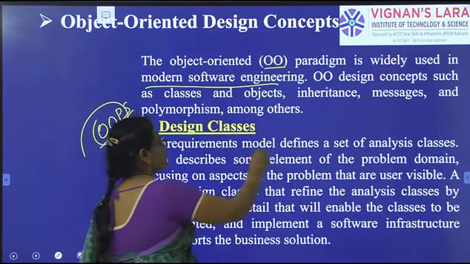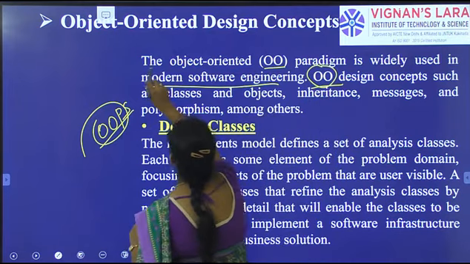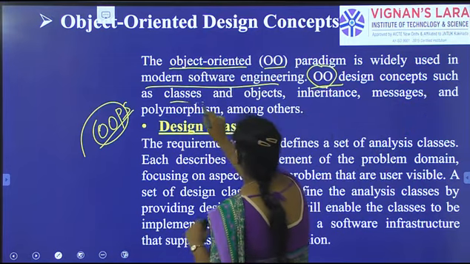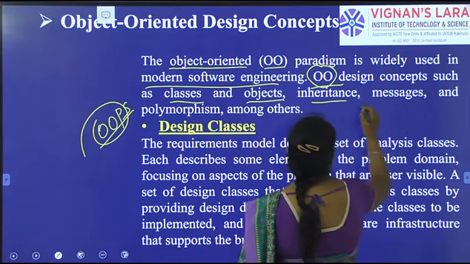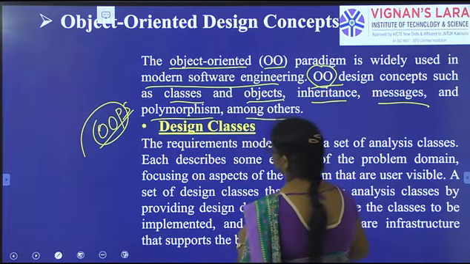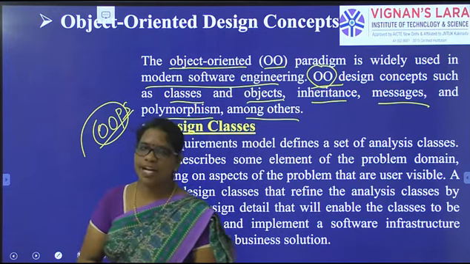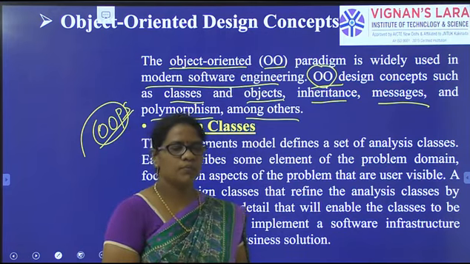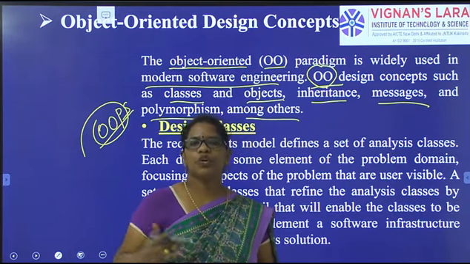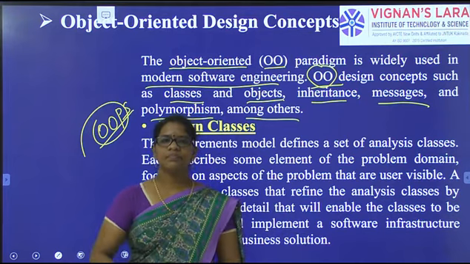OO means object-oriented design concepts such as classes, objects, inheritance, messages, and polymorphism, among others. We are saying object-oriented programming language, but let's go for the software engineering object-oriented paradigm.